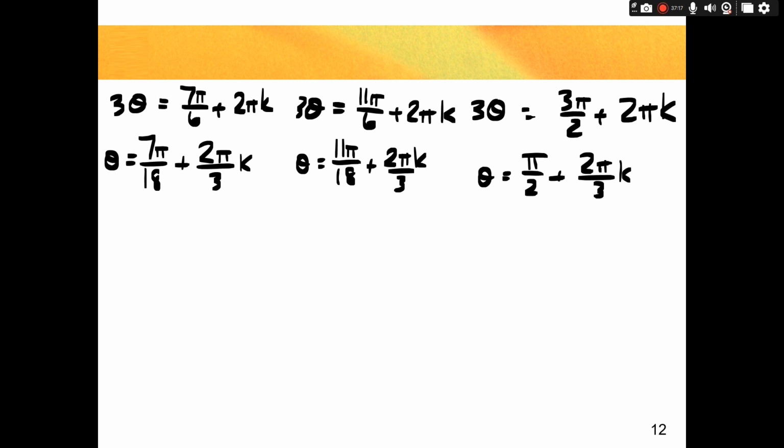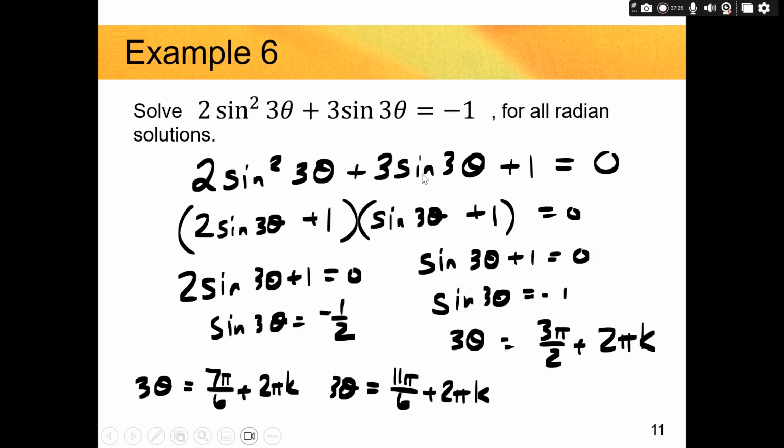Okay, and then we got to do one with the quadratic formula. Eli. Sure.